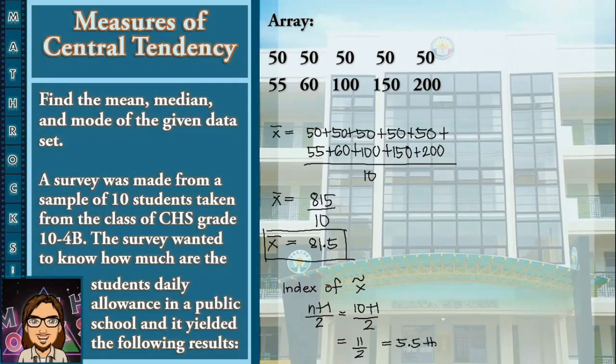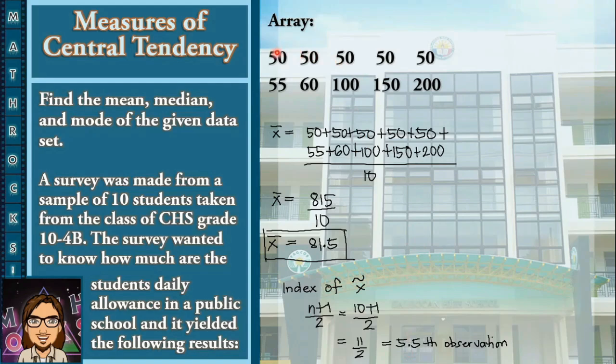So that means the median is located exactly at this particular position in the array. And notice that we actually have a decimal value here. Whenever that happens, it means that the value of the median is located somewhere between the 5th and the 6th observation.